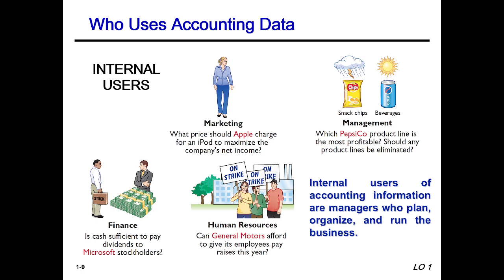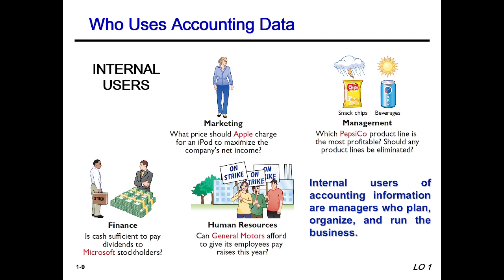Here, who uses the accounting data? This is a very important matter. Internal users. When we prepare the financial statements, they are used by two parties: internal and external. Who are internal users? The finance department, marketing department, management, or human resource department.